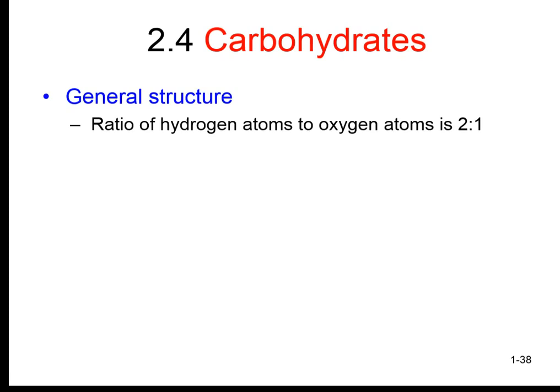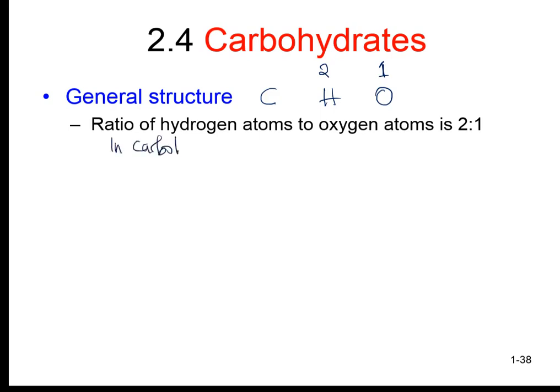So a carbohydrate has C atom, H atom, O atom. But for every 2 of this, there is 1 of this. That's what it means, a 2 to 1 ratio. So in a carbohydrate, for every 2 hydrogens, we have 1 oxygen.